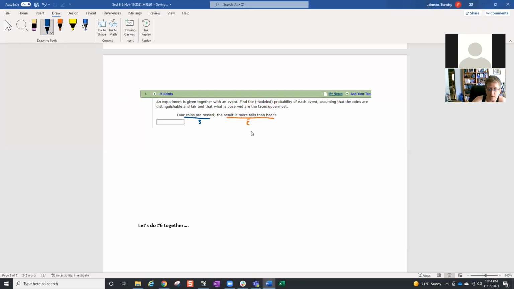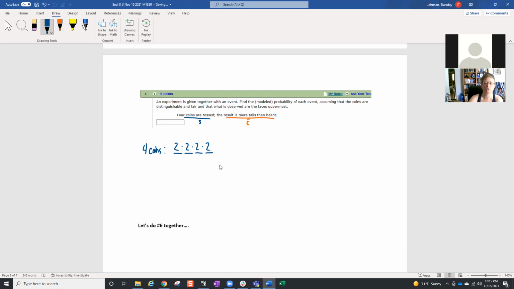So what we know is when 4 coins are tossed, there are 4 different things that are going to happen. So we have heads or tails for the first one, and then heads or tails for the second, and then heads or tails for the third, and then heads or tails for the fourth, and we multiply.